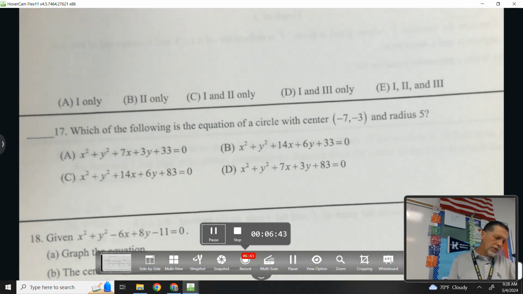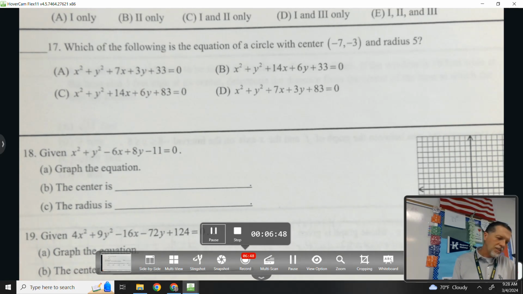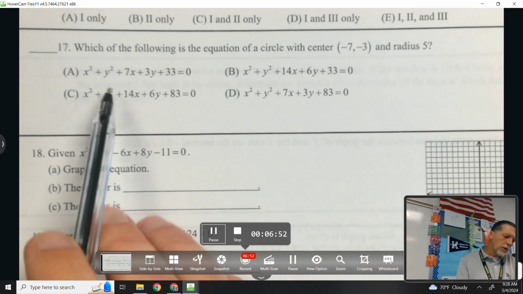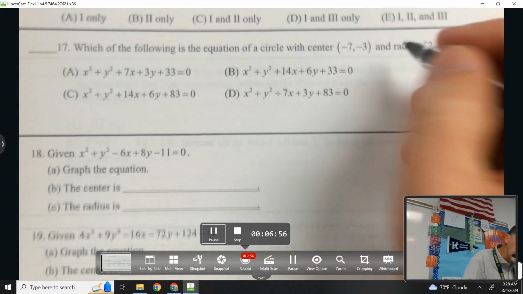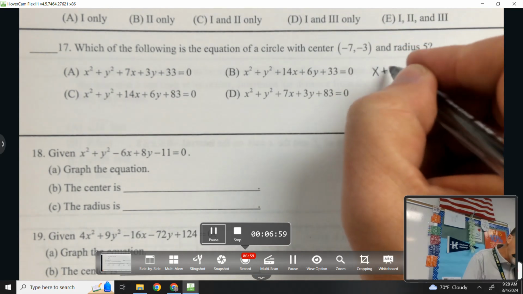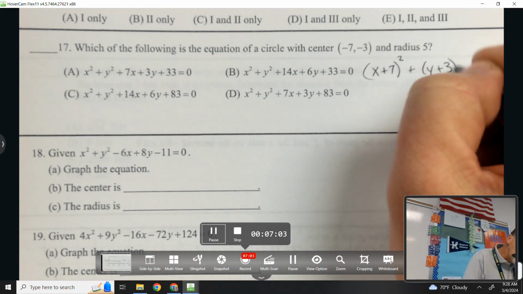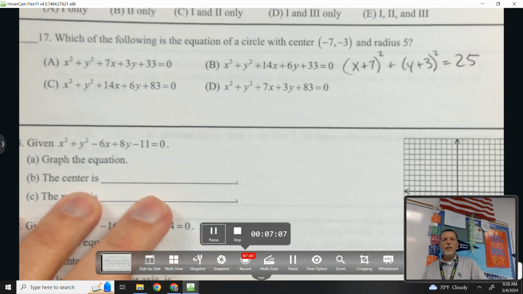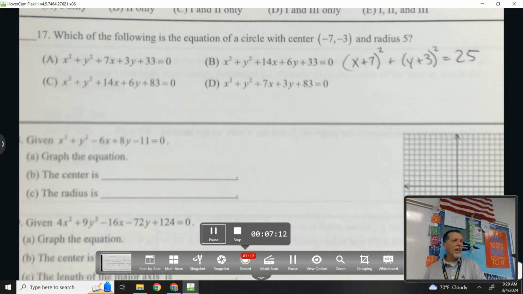Number 17. Which of the following is the equation of a circle with that center and that radius? I suppose I could work backwards and complete the square on all of those, but that seems like an annoying way to go. How about I just write the equation the way I like it to be written, and then multiply it out and see which one I get?